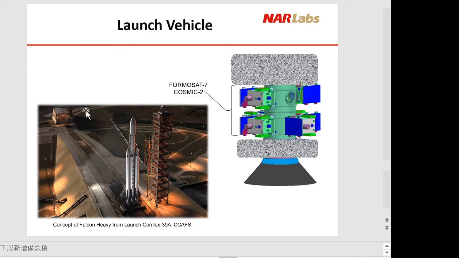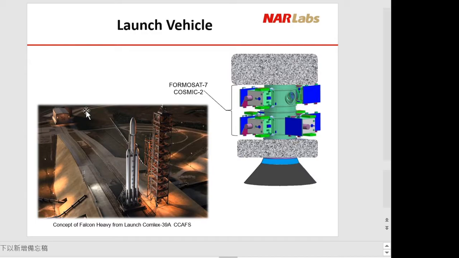Formosa 7 is taking a ride on a Vulcan Heavy, and the mission is called STP-2. STP-2 carried 24 satellites into space, and Formosa 7 satellites are 6 of them.